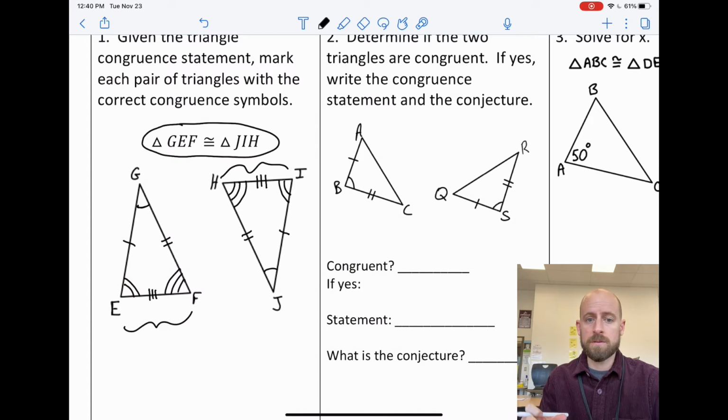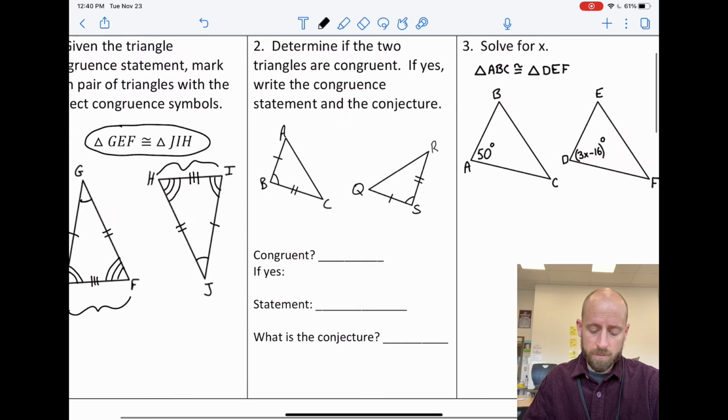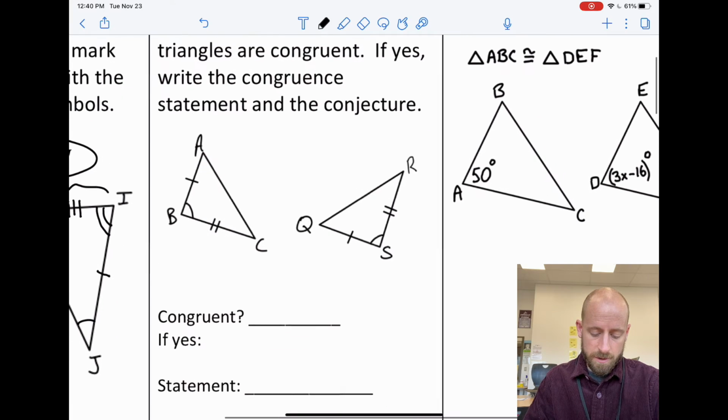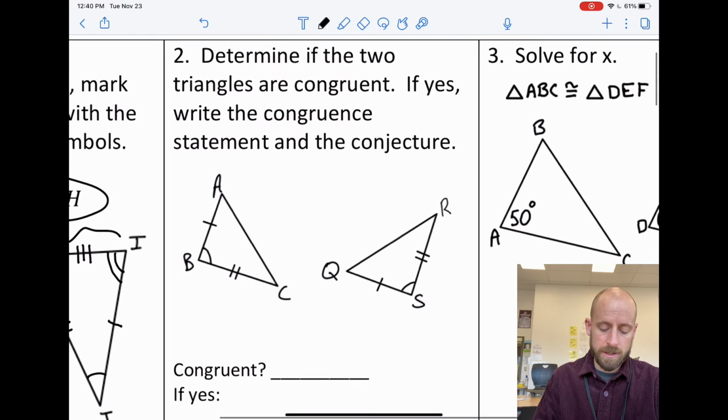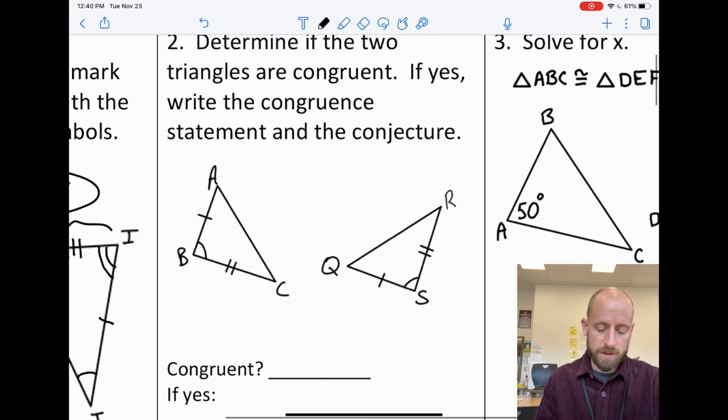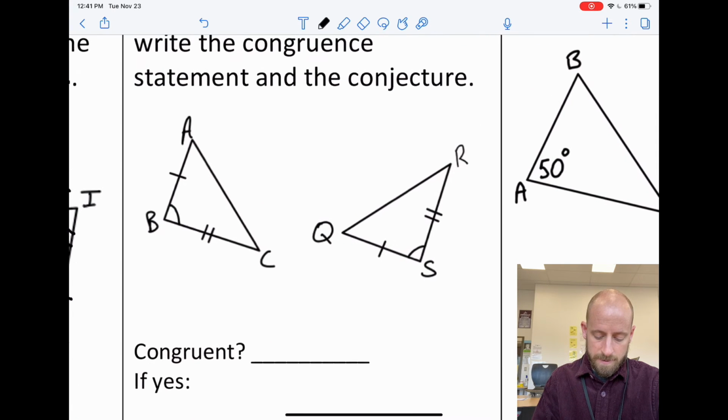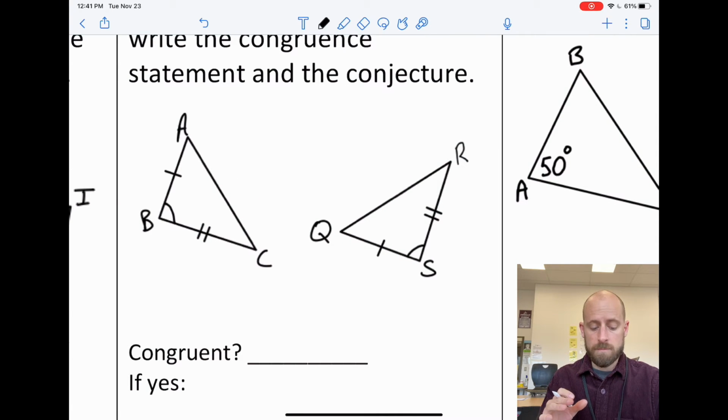If you ever need to pause the video or slow it down or speed it up, please do so. We're going to use the clues in this triangle to determine if the triangles are congruent, okay? So it says determine if the 2 triangles are congruent. If yes, write the congruent statement and the conjecture, okay? I've got some pieces of information there. You might notice that all the angles aren't marked.